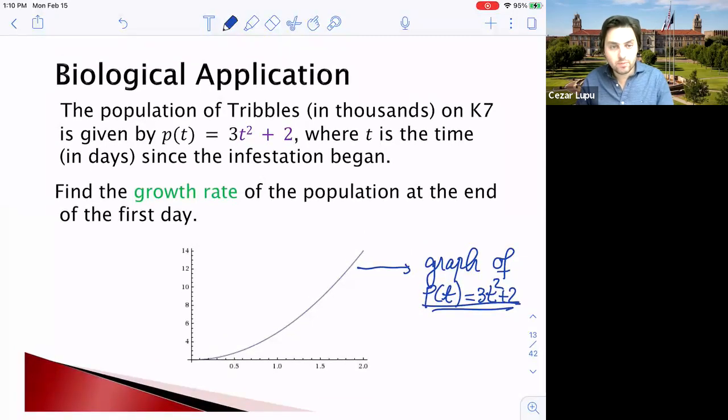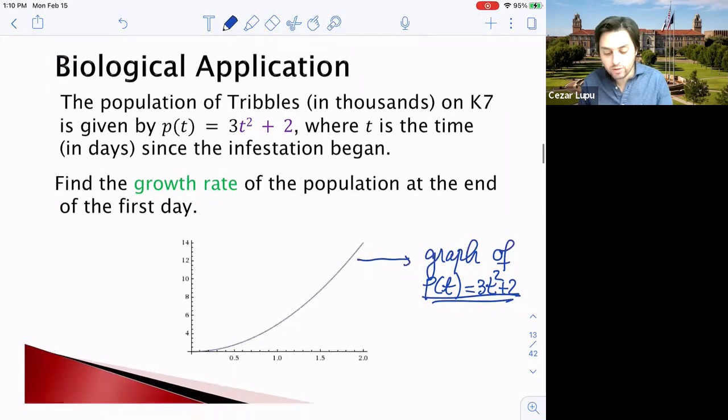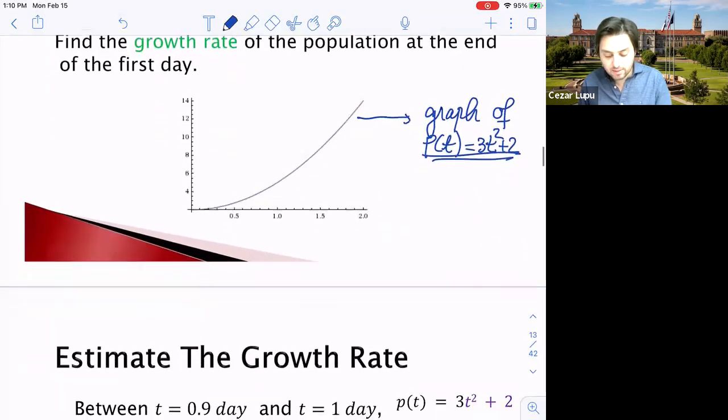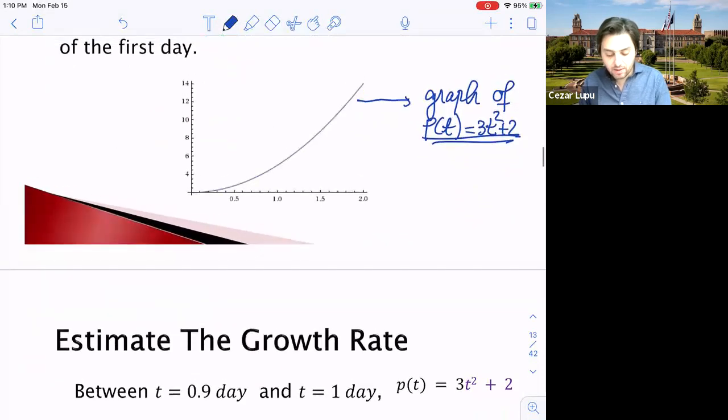And like I said, we would like to find the growth rate of the population at the end of the first day. So how should we proceed for this? We would like to estimate the growth rate.